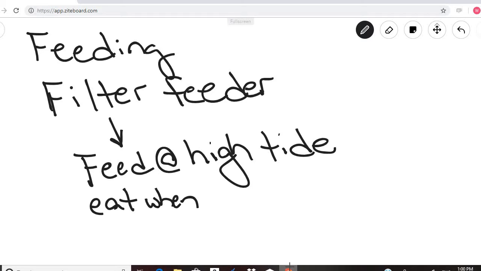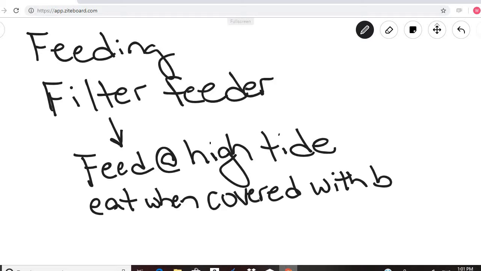Then they'll have periods of time when they won't be able to eat during low tide because the water is not bringing food to these organisms. So they have to make the most of their feeding during the high tide.